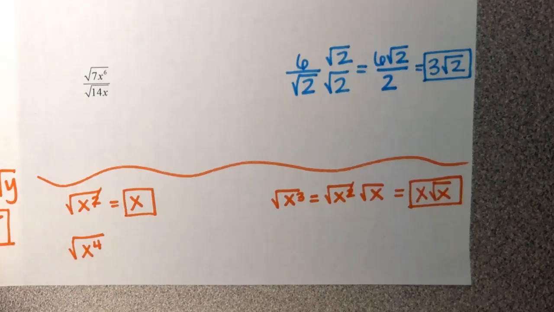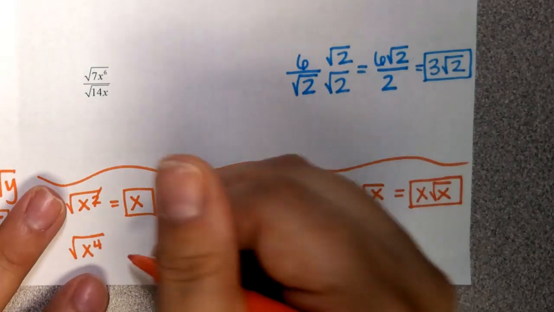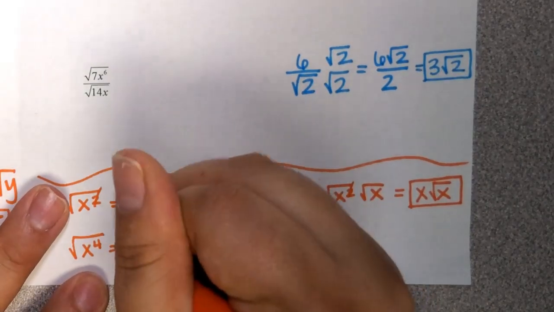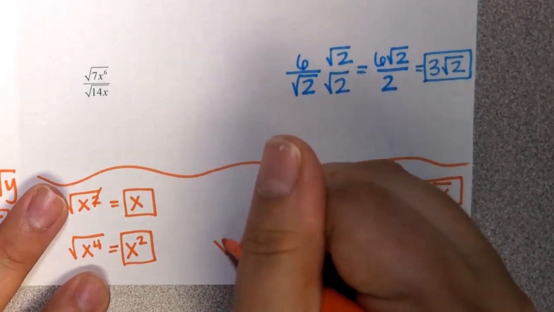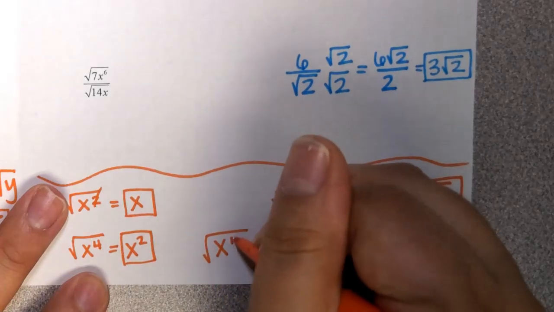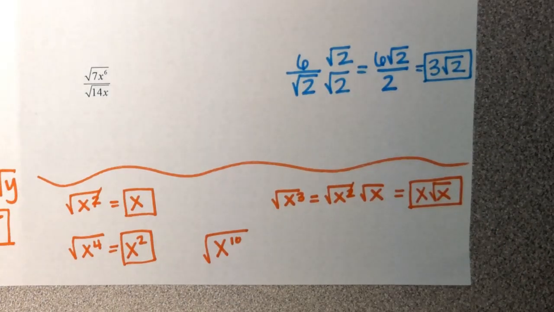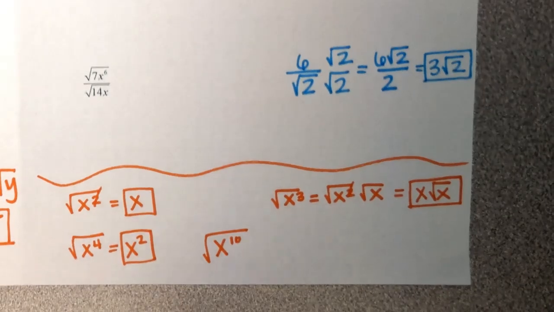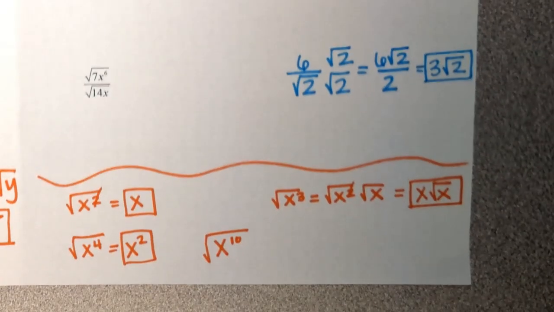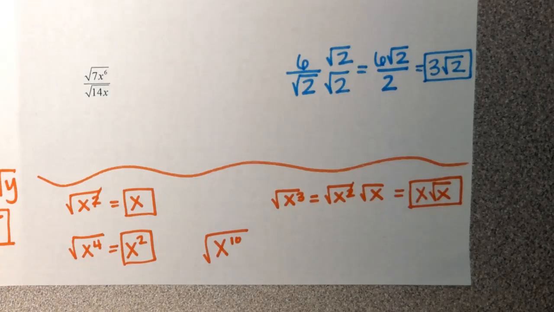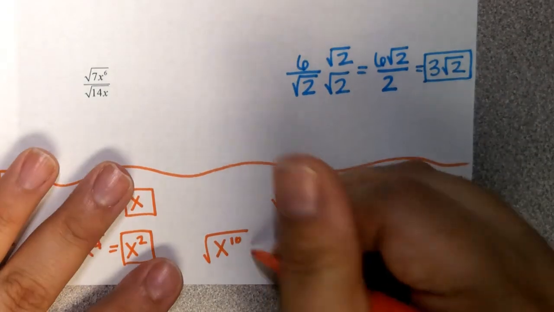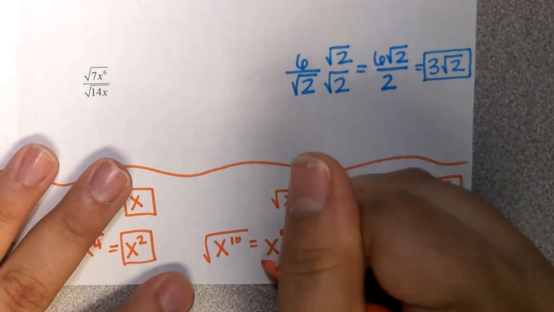The square root of x squared, the square root of x squared, which is x times x, which is x squared. What if I had the square root of x to the 10th? That's five square roots of x squared, which would be x to the 5.